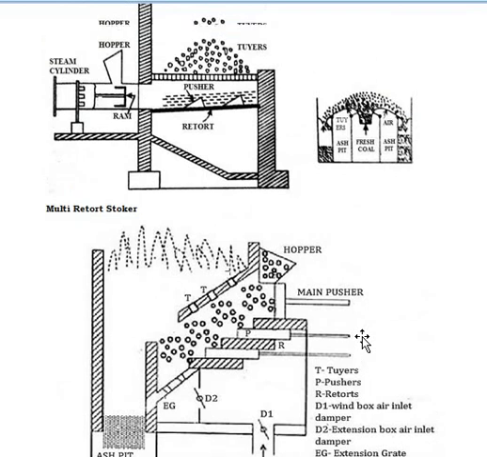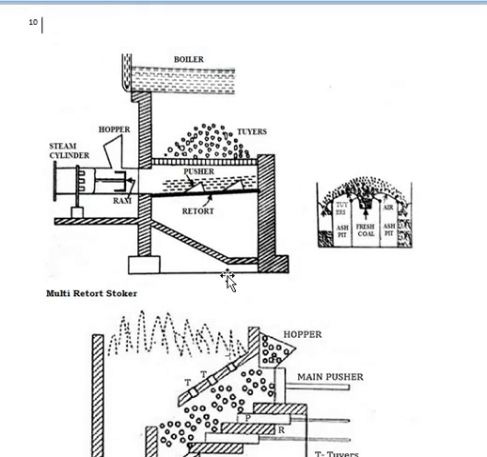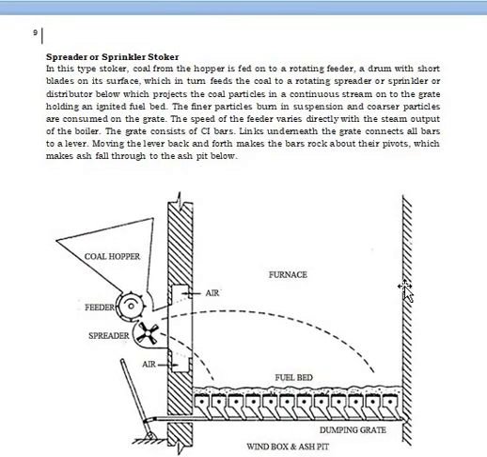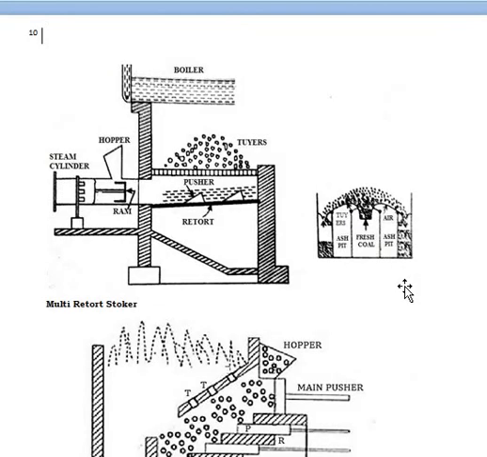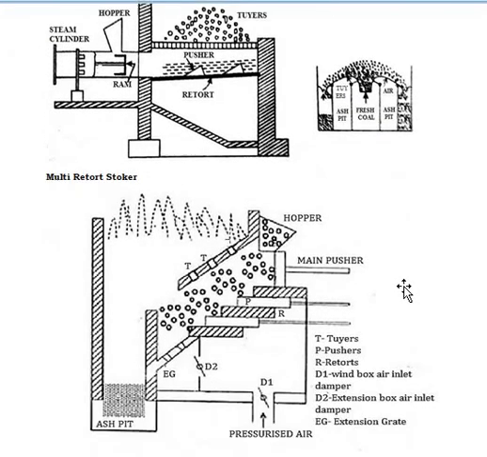You all can see here in the figure. There is a retort, and here is the hopper where we feed it. And tuyeres you can see here. Next will be multi retort stokers.